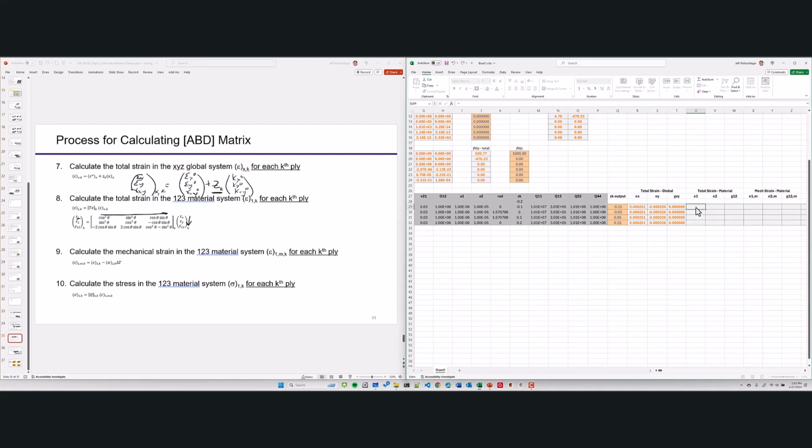So it equals, this first one is going to be EX times the cosine of theta raised to the 2, plus EY times the sine of theta raised to the 2, plus gamma XY times the cosine of theta times the sine of theta.